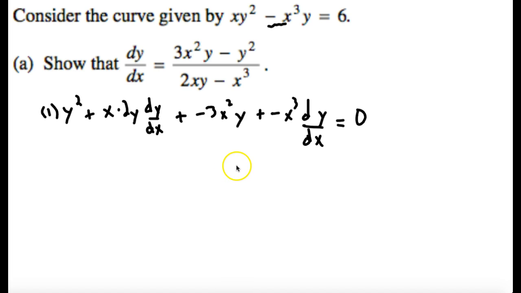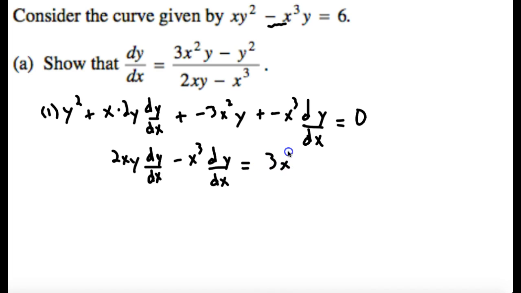So now I just want to collect my dy dx's on one side, get everything else on the other. So I'm going to subtract this y squared and add this 3x squared y to the other side. So we will end up with 2xy dy dx minus x cubed dy dx equals 3x squared y minus y squared.